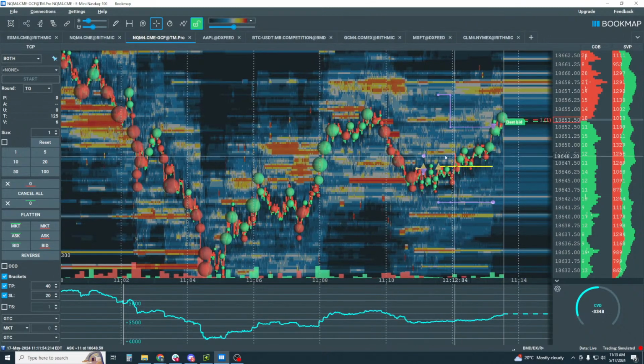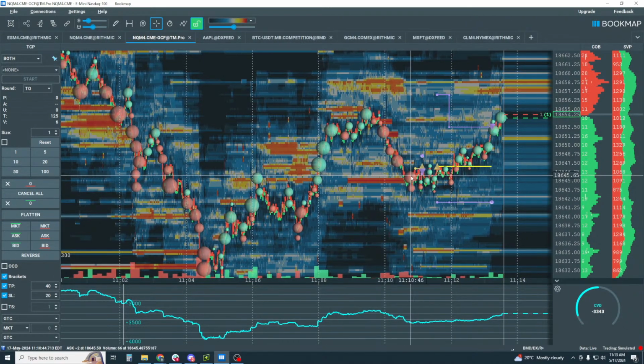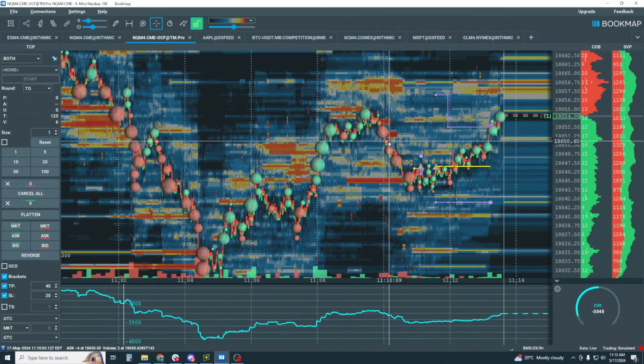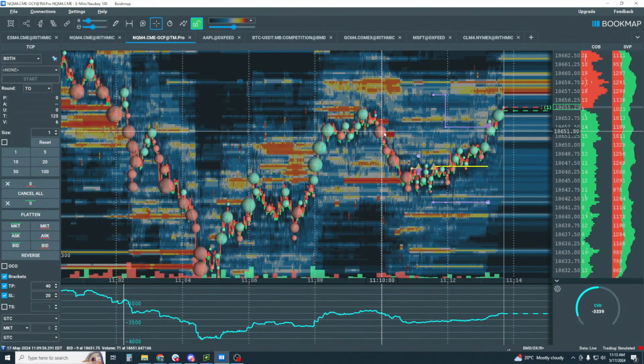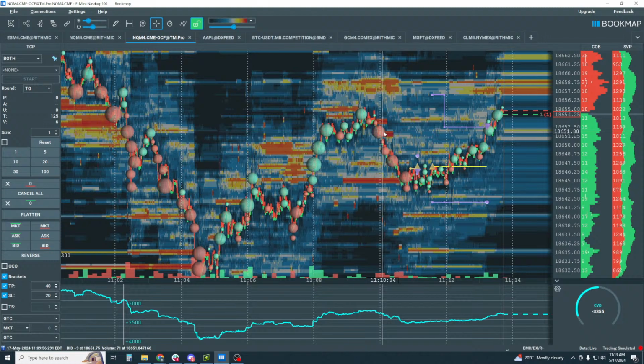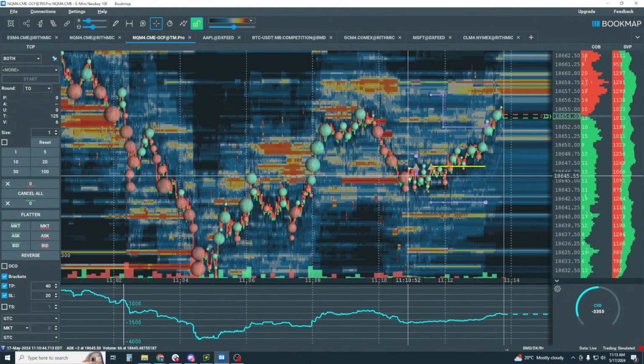There was a little bit more criteria in here, I think, at least for this small trade idea. And it's a small trade, right? We're not looking for a whole lot out of it.